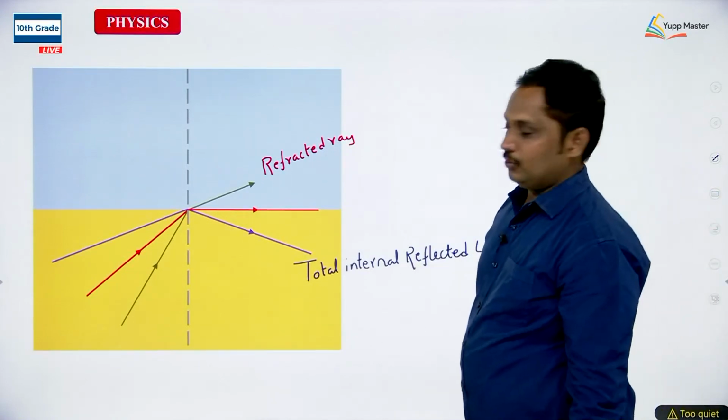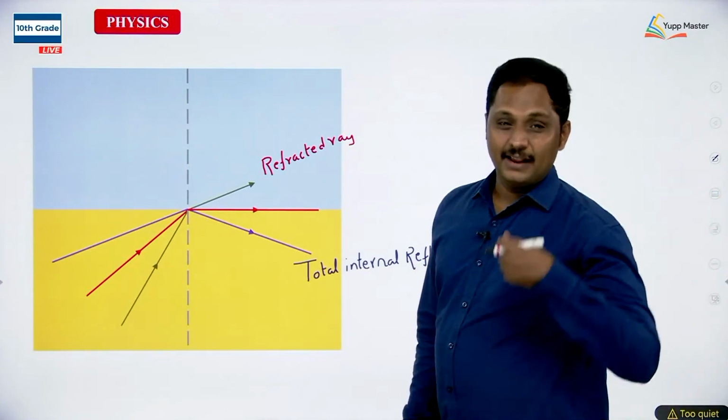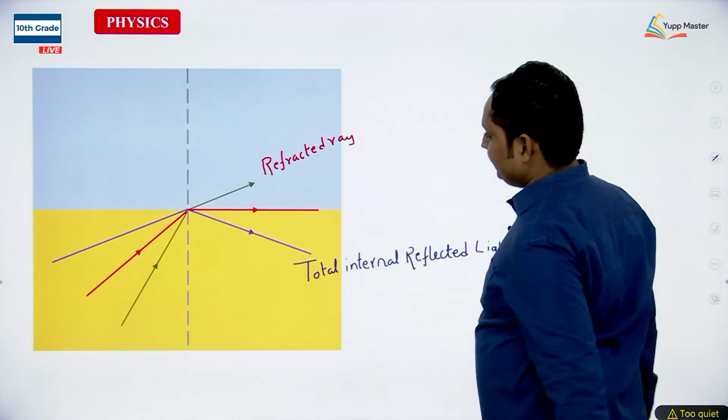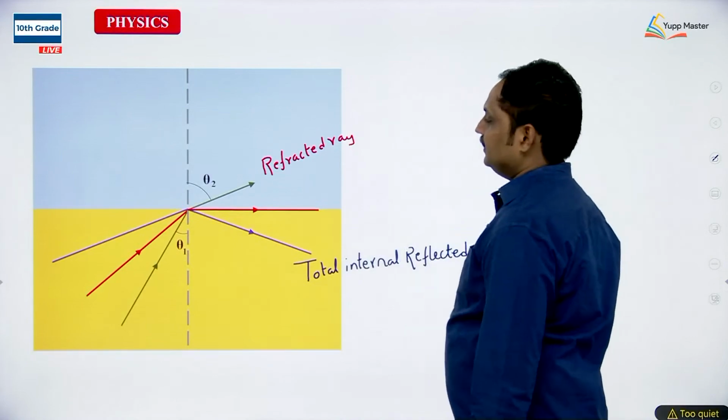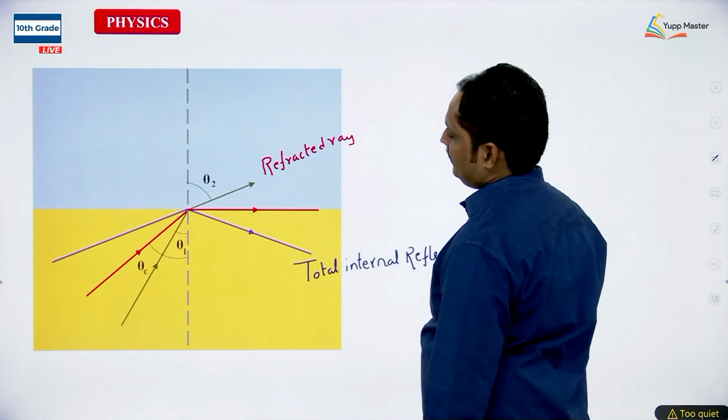This is the total internal reflected light ray. What happened? You have to see that. Let us go for theta 1, theta 2, theta c, the total internal reflected light ray.